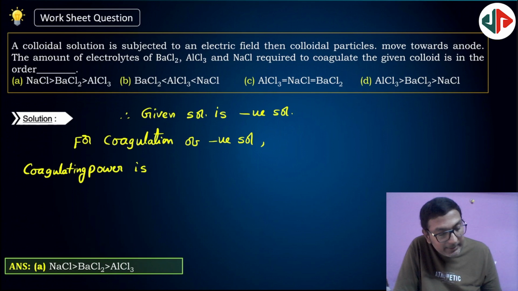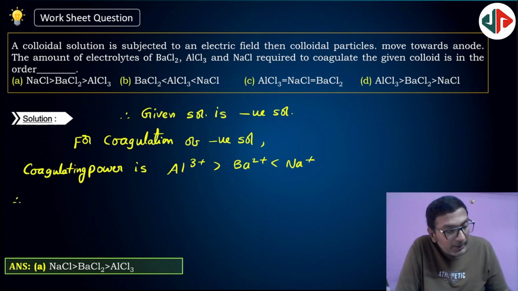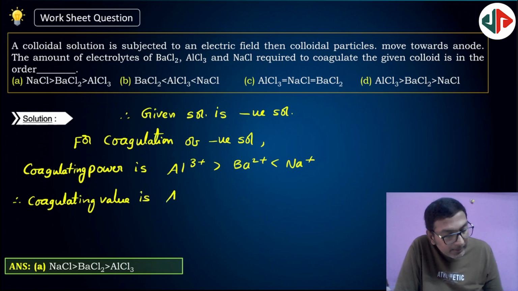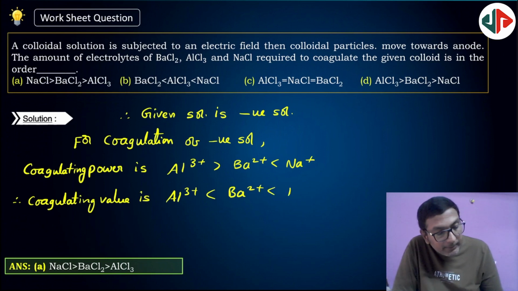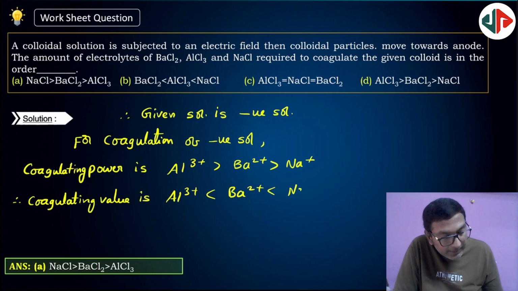Coagulating power is in the order: here AlCl3 power will be highest for Al3+, next Ba2+ and Na+. Therefore coagulating value is reversed: Al3+ less than Ba2+ less than Na+.